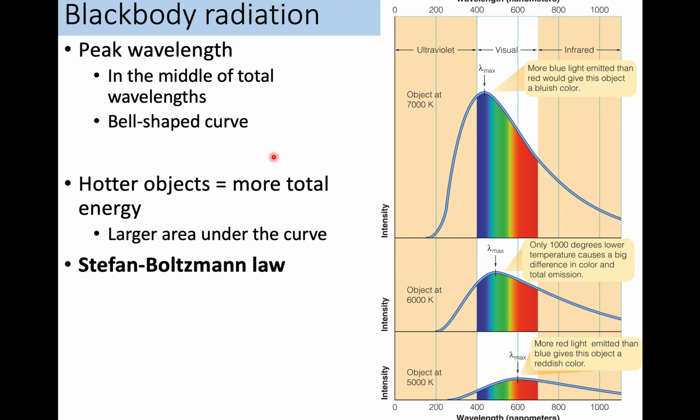And you'll notice that the hotter objects have more total energy. So there's a larger area under this curve. There's more total energy being emitted from this object at 7,000 Kelvin than from this object at 5,000 Kelvin. This is essentially what we call the Stefan-Boltzmann law.